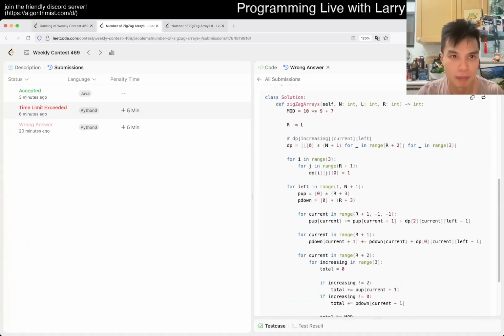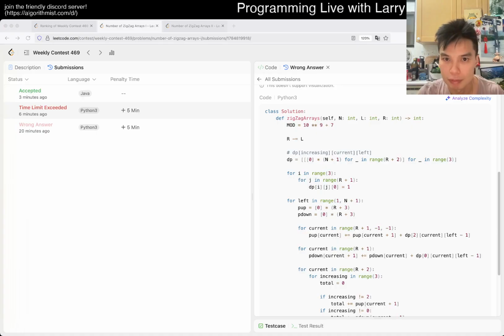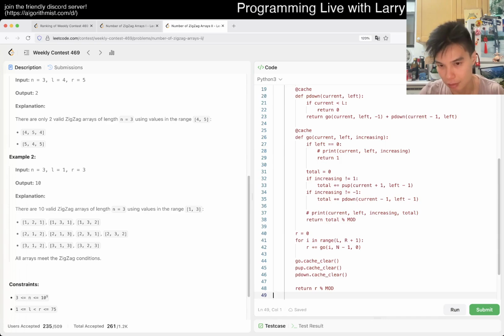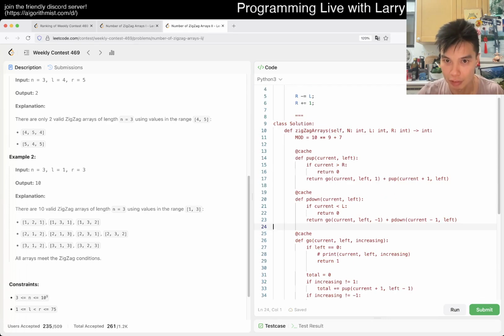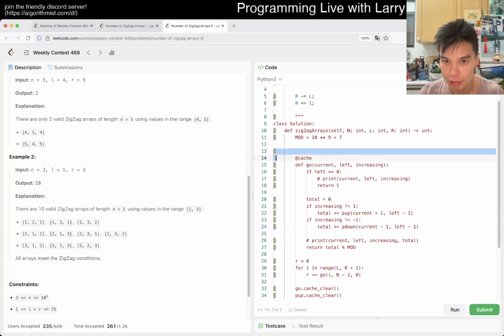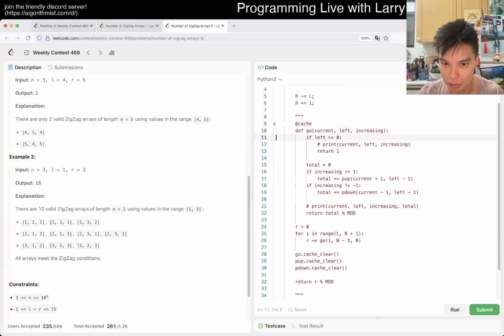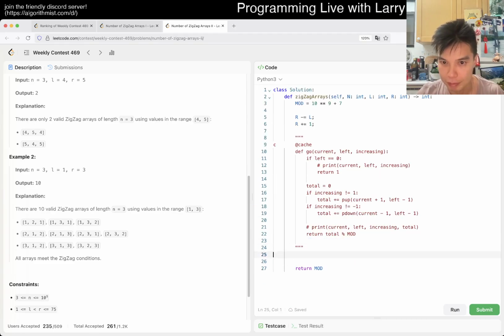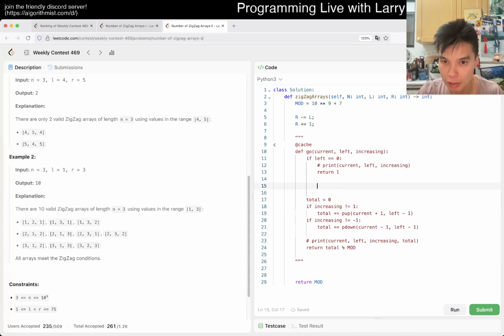Oh, this is the wrong answer one. So this is my code. But that's already optimized. You could say not enough, but actually the way to think about this is doable. So now this is actually right?